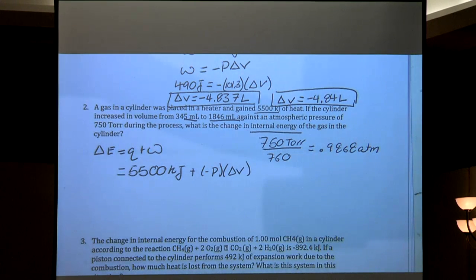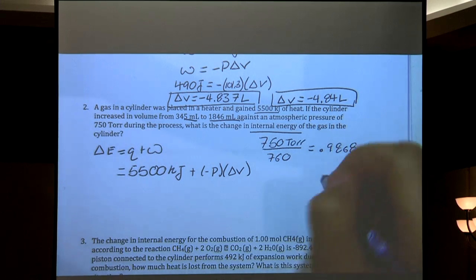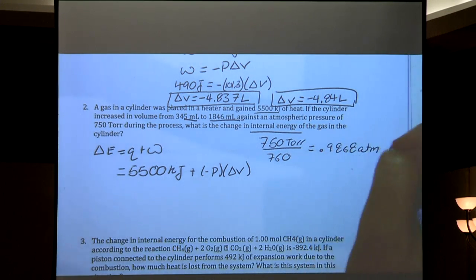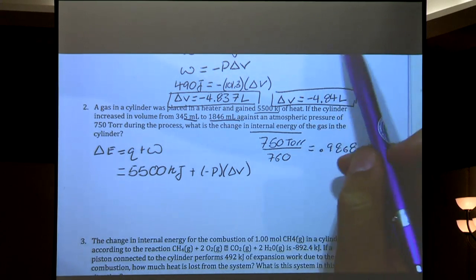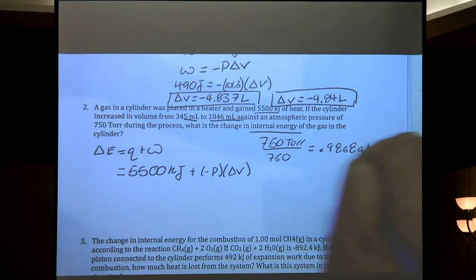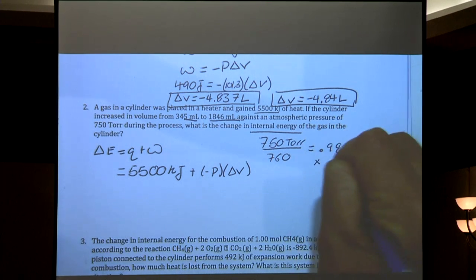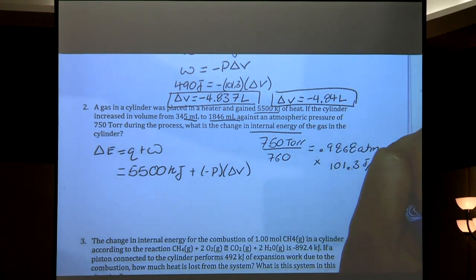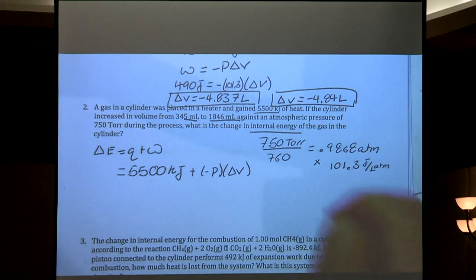Okay? So what do we have to convert this to? Joules per liter. So we're in atmospheres. We're going to multiply this by our 101.3 joules per liter, or joules per atmospheric liter, to be exact.